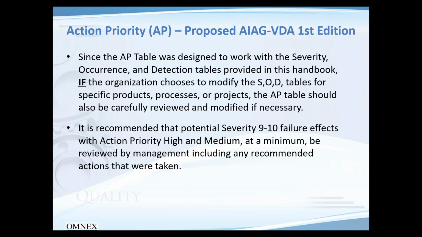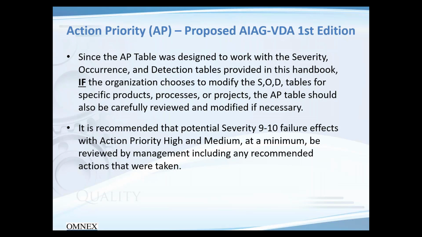So the change is going to an action priority table. Based on the rankings you give for severity, occurrence, and detection, you come up with an action priority. It's not really a value. Once you go through the analysis, you're either at a high, medium, or minimum level.